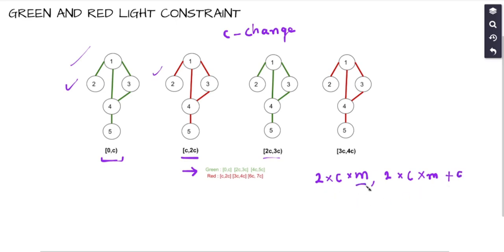So M is basically a non-negative integer. Initially M is 0. So when M is 0, this will be 0 and this will be C. When M becomes 1, this will be 2C and this will be 3C. So I am basically listing out my green intervals. So this is the general form for green intervals.